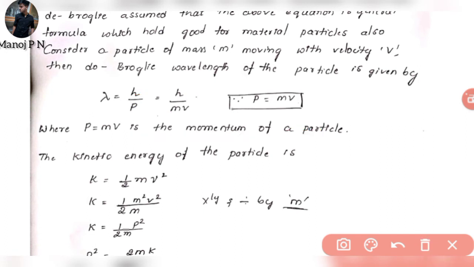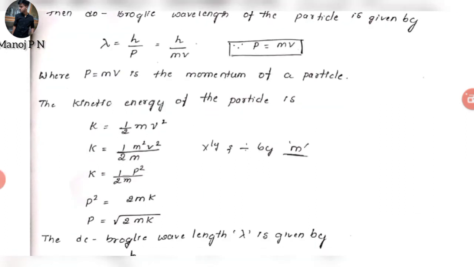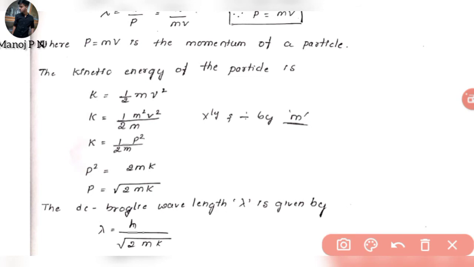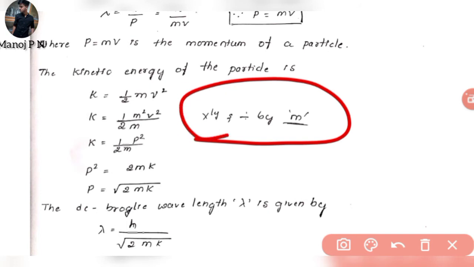After that, we know the formula for kinetic energy, that is K is equal to half mv square. We multiply and divide this equation with m.